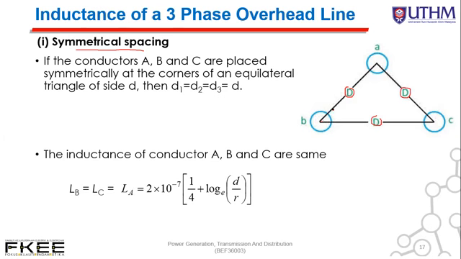Between A and B the distance is D, A and C also D, B and C also D. So if conductors A, B, and C are placed symmetrically at the corners of an equilateral triangle of side D, then D1, D2, and D3 equal D. So the inductance of conductors A, B, and C will be the same, that is LB equal to LC equal to LA equal to this equation. This is for the case of symmetrical spacing.